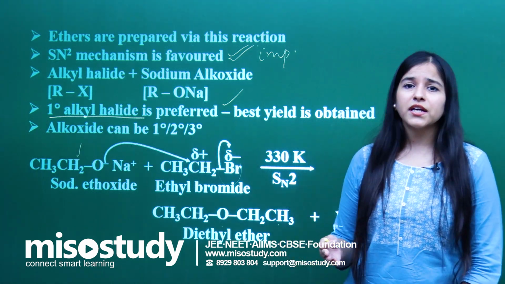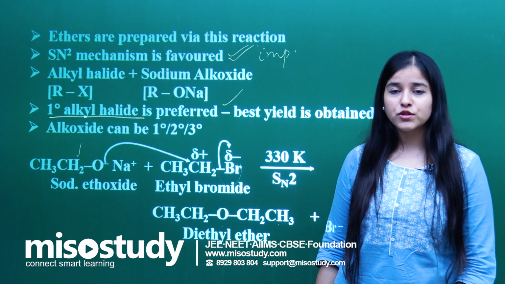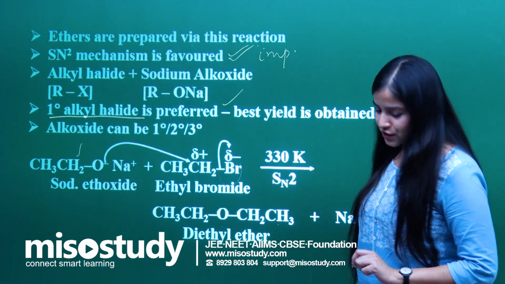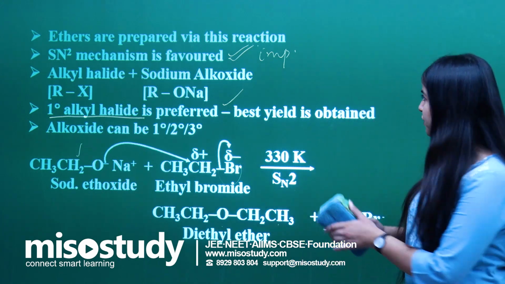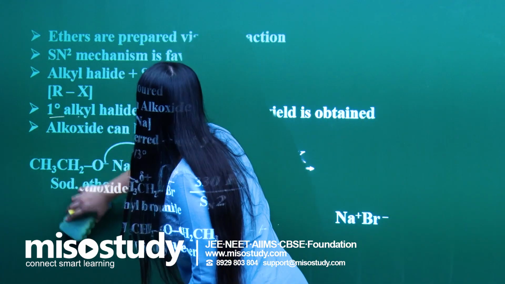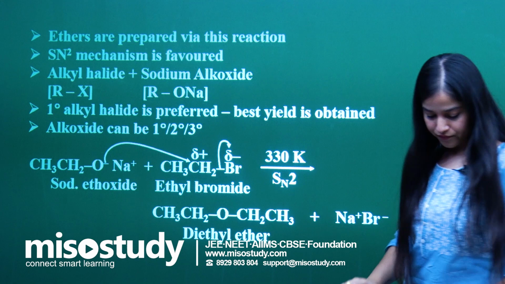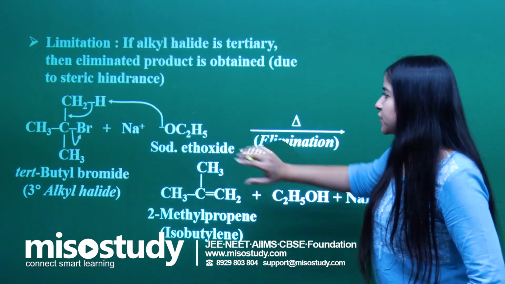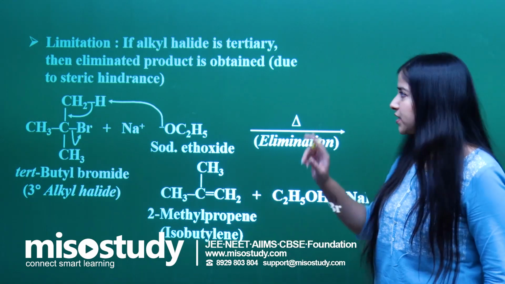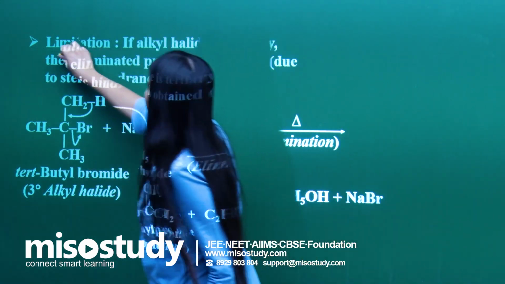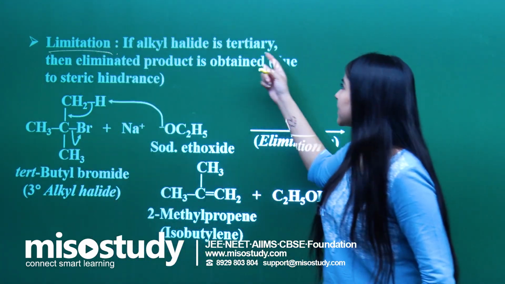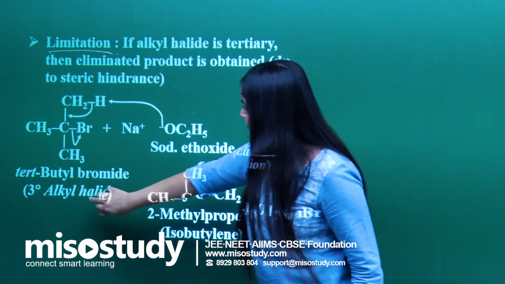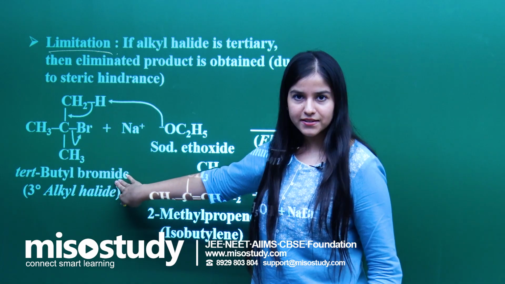But what if I have taken the tertiary alkyl halide? What will happen? In that case I have told you that the elimination will occur instead of the substitution. So let us discuss an example for that. This particular example is of an elimination reaction, and obviously you should remember the limitation. The limitation is if the alkyl halide is tertiary, the eliminated product is obtained. And see here, I have taken the tertiary alkyl bromide in this case.